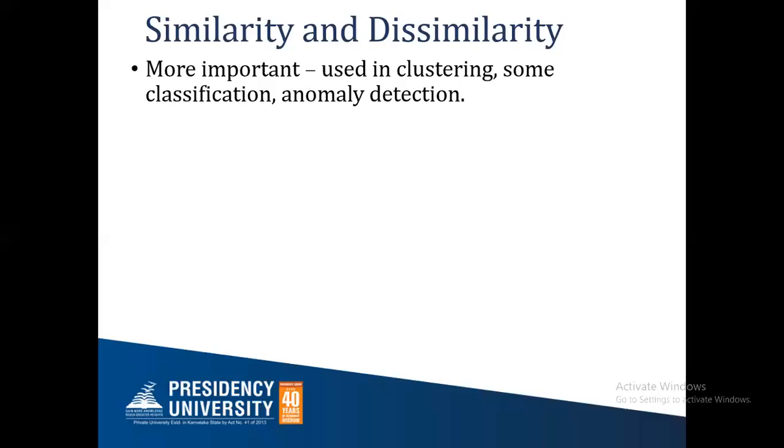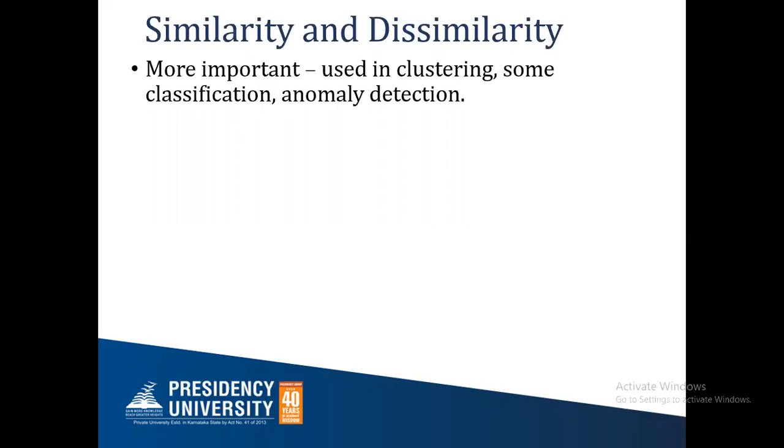These concepts will be mostly used in clustering, wherein we group all the similar objects together in one cluster. The dissimilar objects will be in some other cluster. As well as in classification, where we can label them based on the similar features.